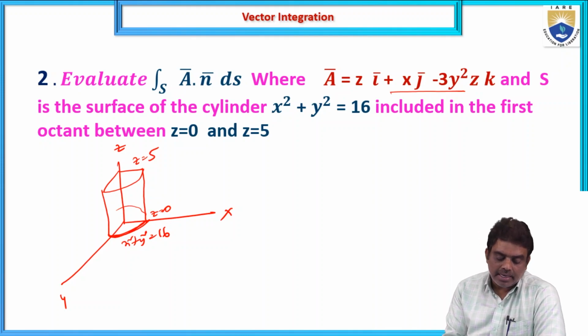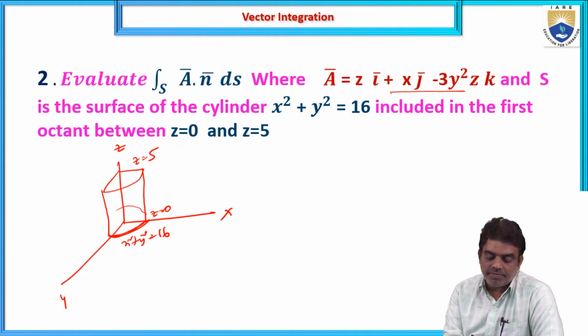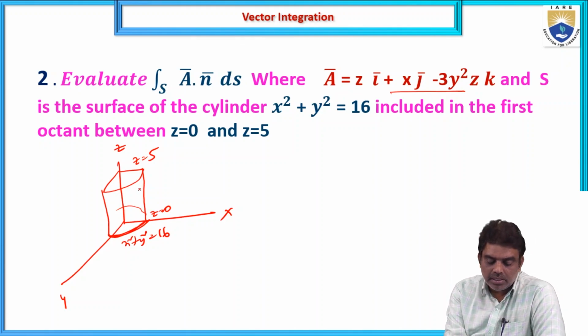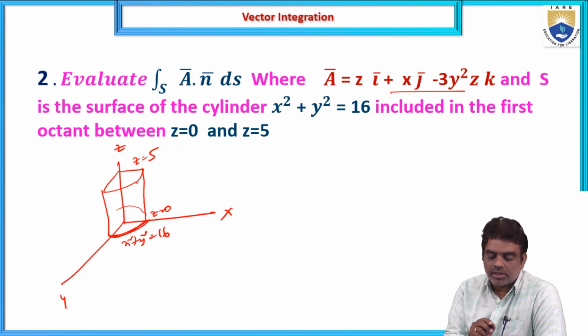So what you have to calculate here is, you have to evaluate the integral of a bar dot n cap into dS along the surface of the cylinder in the first octant.